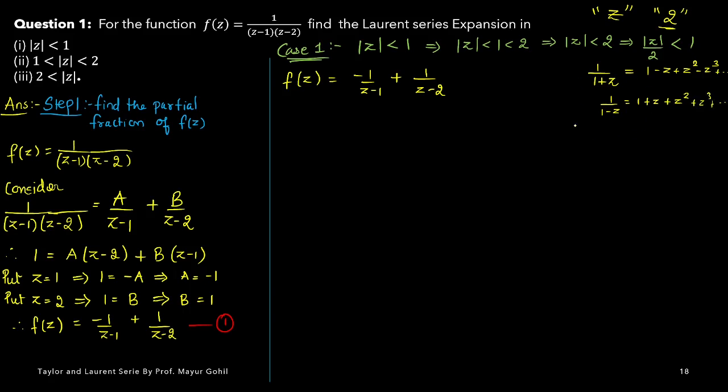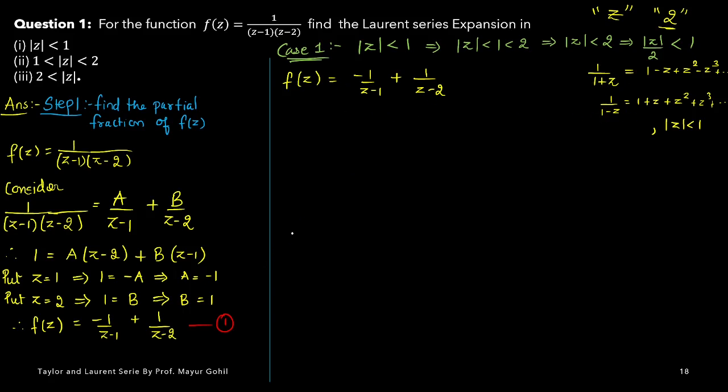In this format we had an important condition: mod of z is less than 1. This is the reason we are making everything less than 1, because we can write this expansion. There are other technical reasons also, but we'll not go into those details; you can hold on to this right now. So try to bring your answer in this format, 1 upon 1 plus or 1 upon 1 minus.